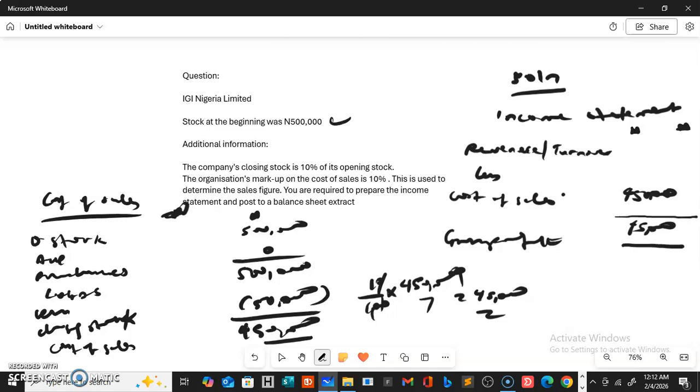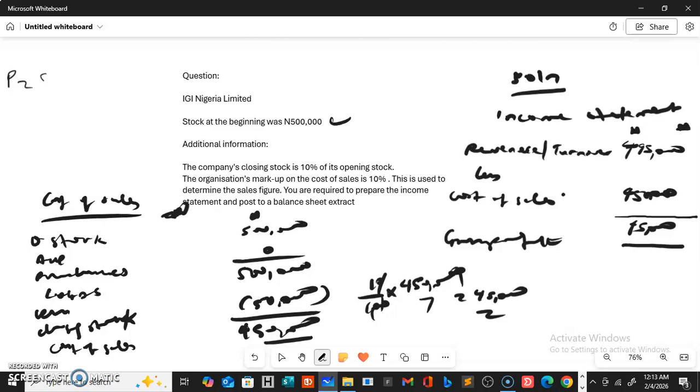So when we add these together, it should give us our revenue or sales, which will be 495,000. The addition of 450,000 plus 45,000 naira will give us this, that is 495,000 naira, minus 450,000 will give us 45,000 in gross profit.